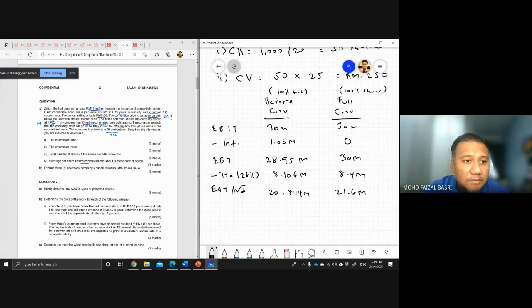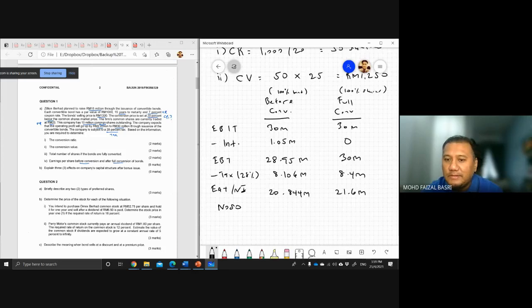And again, this question doesn't specify any dividend to preferred stockholders, right? So we just skip that part. So next we're going to find the NOSO, the number of shares outstanding.